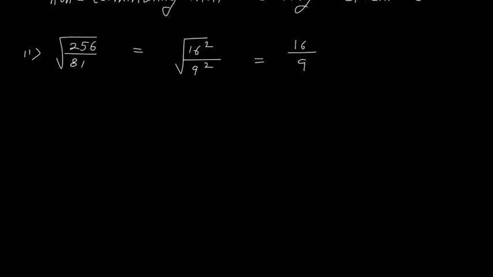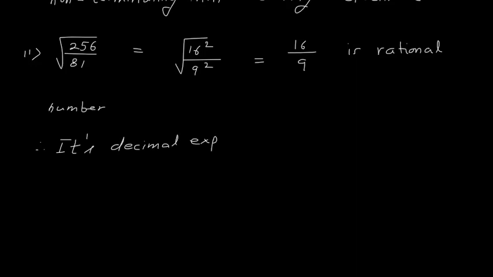Now this 16 upon 9 is a rational number, therefore its decimal expansion is not non-terminating, non-recurring.